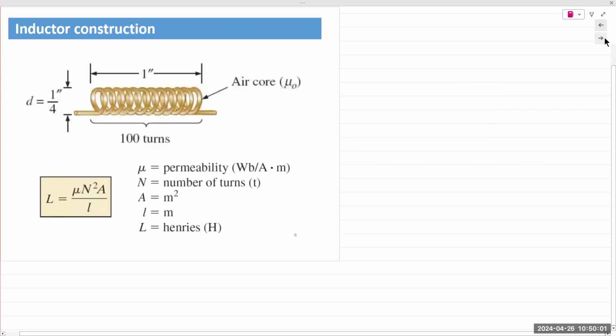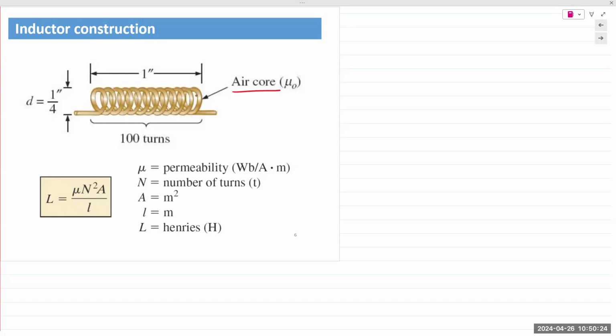Physical construction of an inductor. Okay, it's simply a conducting piece of wire that is wound in a spiral coil. The center of that coil is known as the core. If there is no material present in the core, we say it is an air core inductor. Right? Air core inductor.